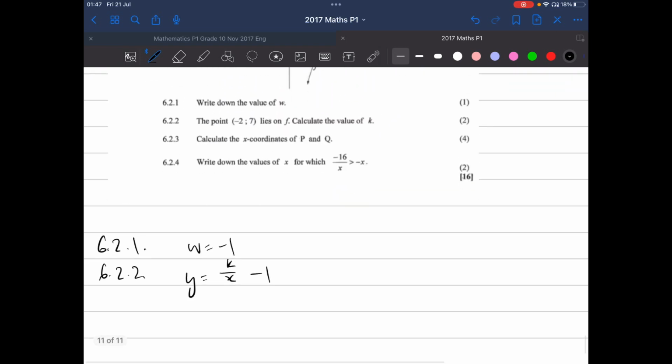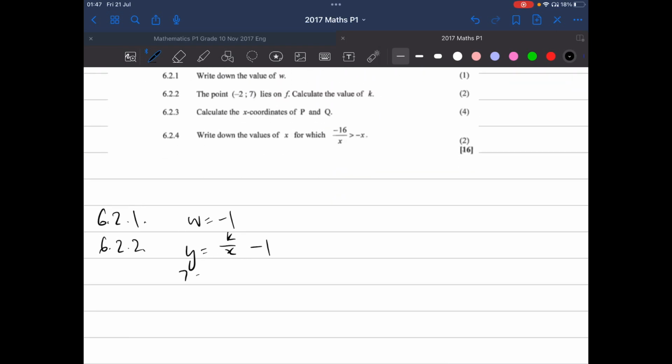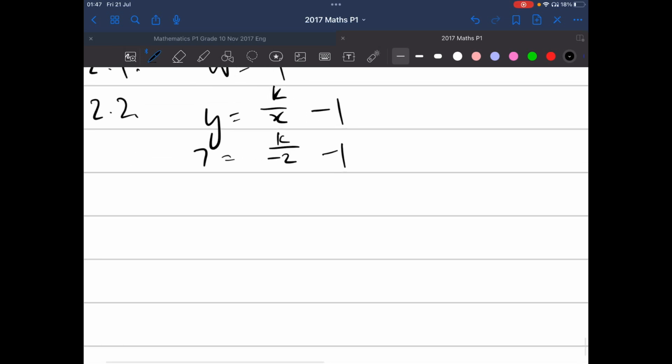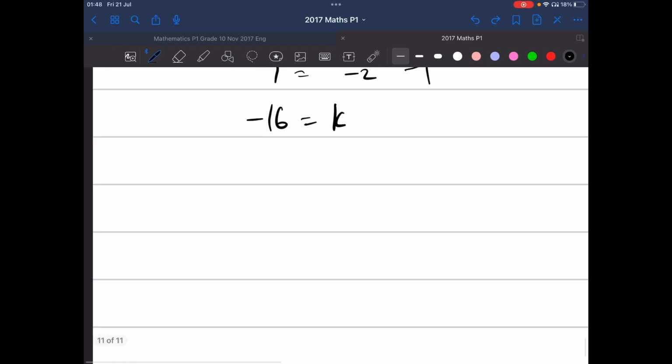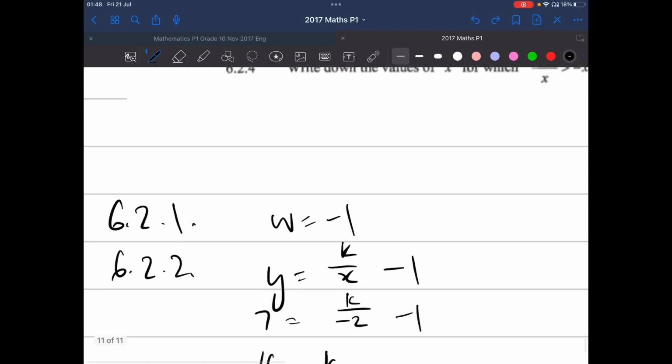And we have a point minus 2 and 7. So 7 equals k over minus 2, minus 1. Now I'm just going to solve algebraically and I'll get k as minus 16. The way I did that was just bring that over there to get 8, and then 8 times minus 2 is minus 16.